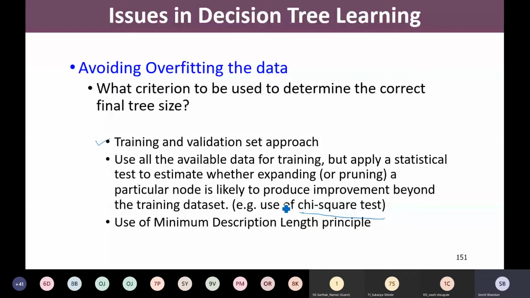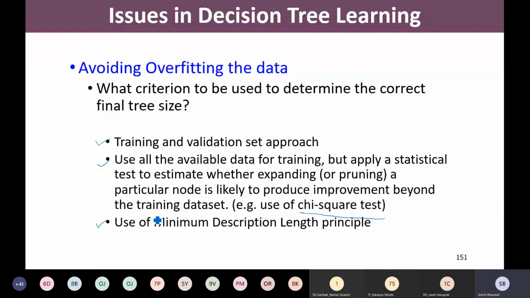If yes, then only we are going to expand, otherwise we are not going to expand that node. And one more consideration is the minimum description length principle. We are not going into the details of all these. This is just for your information.